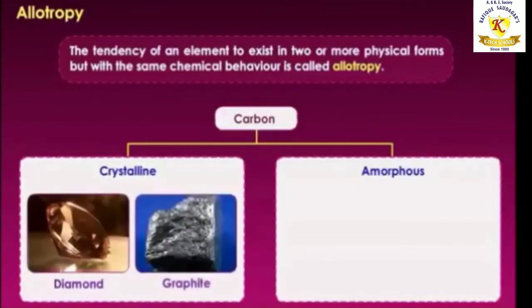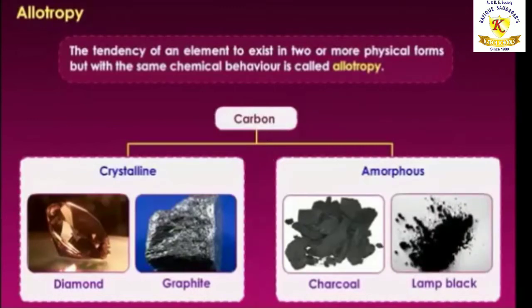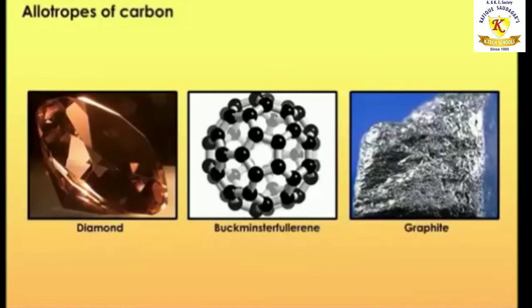Diamond and graphite are crystalline, while charcoal and lamp black are amorphous. So, the phenomenon of existence of an element in different forms having different physical properties but identical chemical properties is called allotropy.